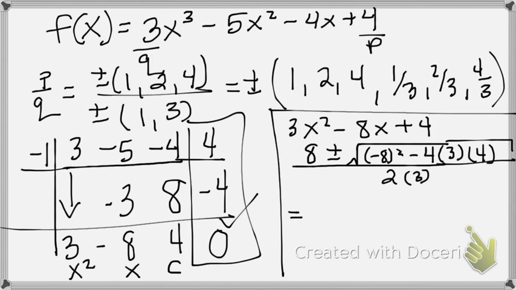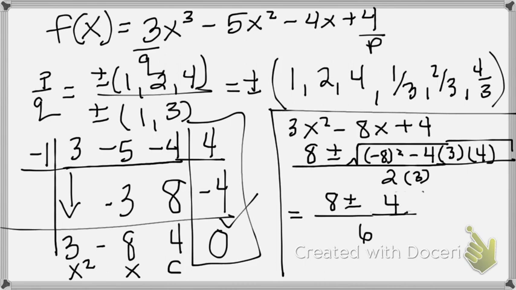What you will figure out is this is 8 plus or minus the square root of 16, all over 6. Now, 16 is a perfect square, so we can go ahead and simplify that to 4.